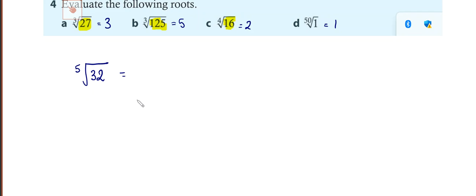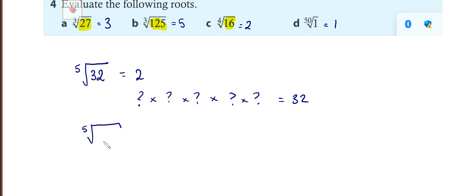It's 2, right? And you might say, how am I supposed to know what number times itself 5 times makes 32? How am I supposed to work it out? Now, if I said to you, what's the 5th root of 61?